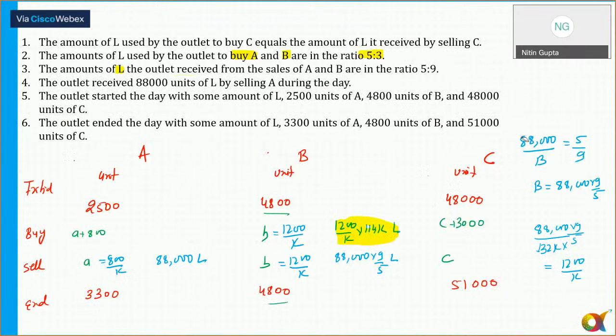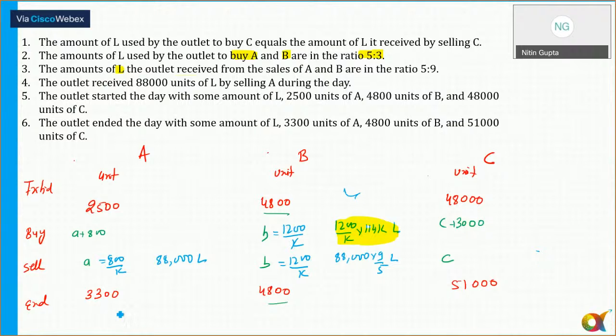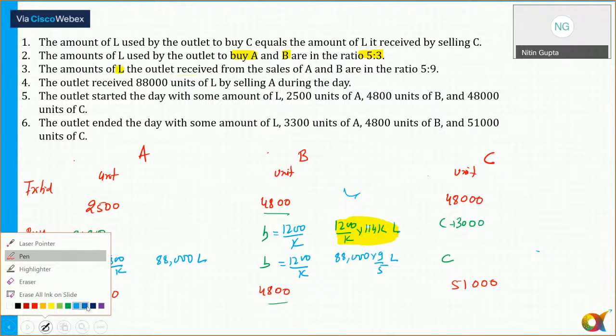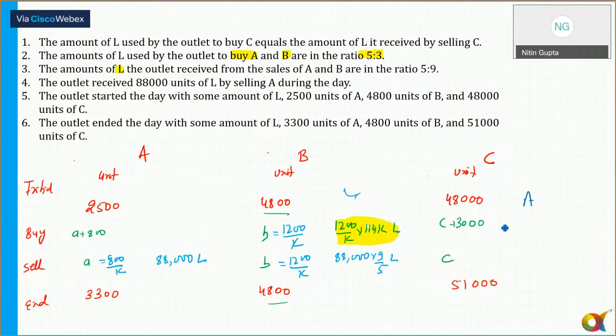So I'm going to write down all the values and we'll do the calculation neatly. Yes, so I'll say the amount needed to buy A upon the amount needed to buy B is in the ratio 5:3. So the amount needed to buy A is equal to 5 by 3 times the amount needed to buy B. And how much amount is needed to buy B?